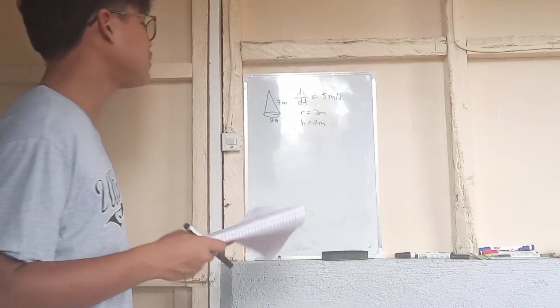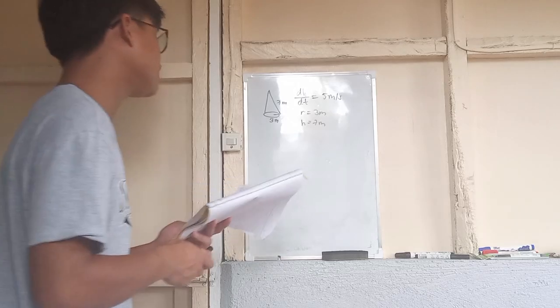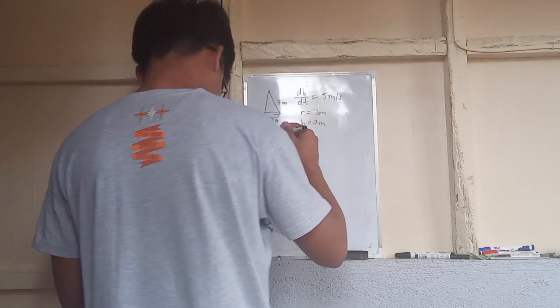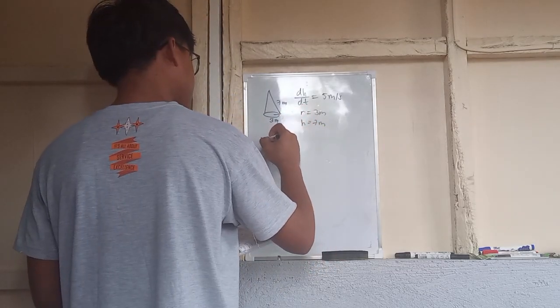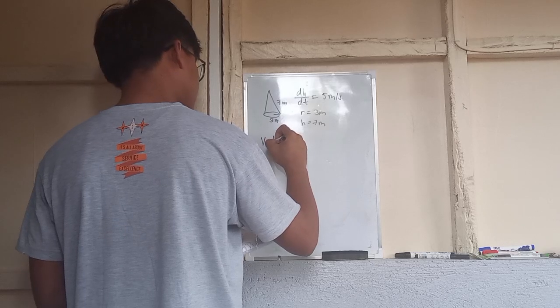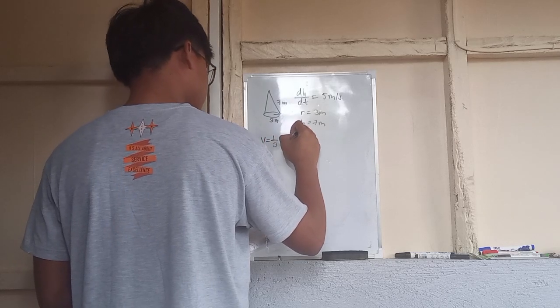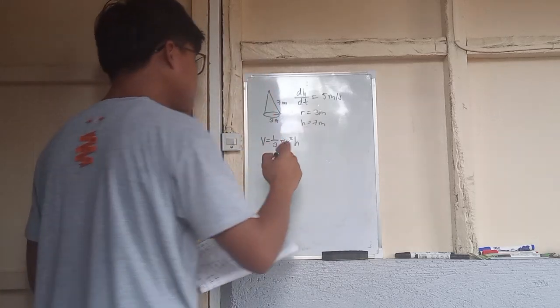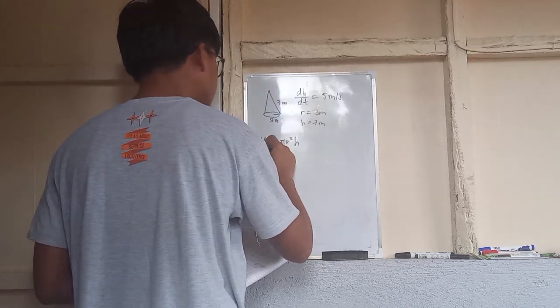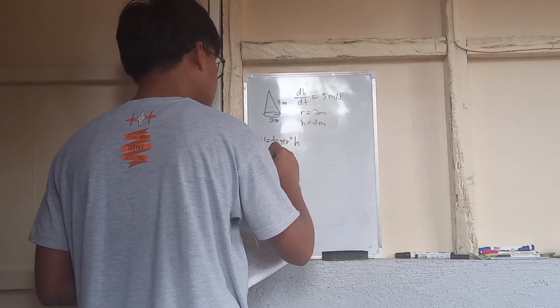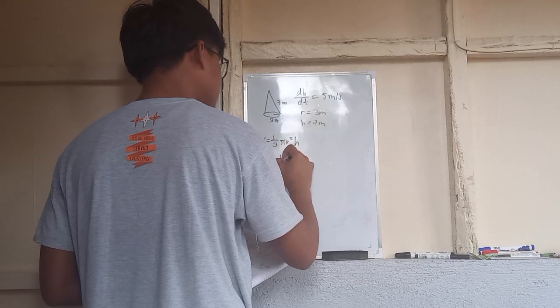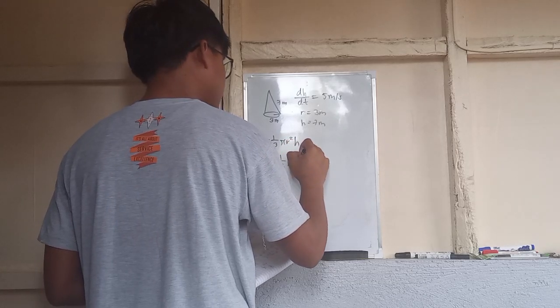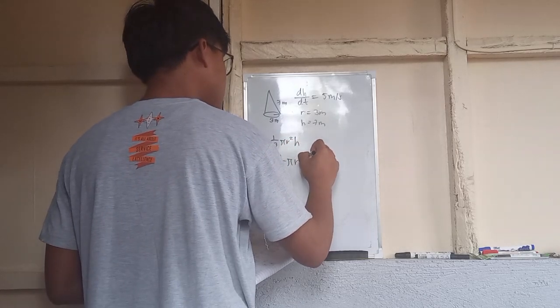In getting the volume of the cone, we all know that the formula is V equals 1/3 pi r squared times height. Now, differentiating the formula, we can get dV over dt is equal to 1/3 pi r squared dH over dt.